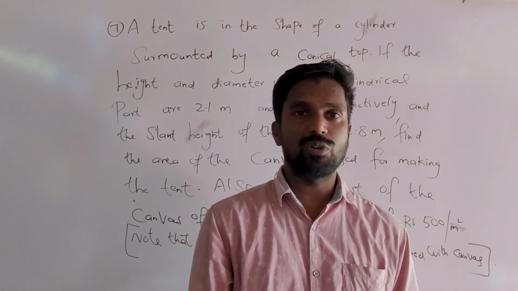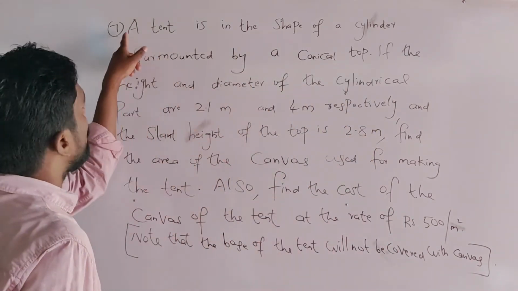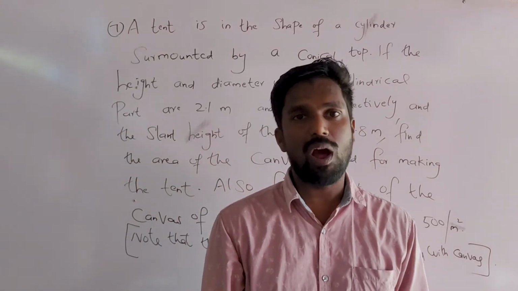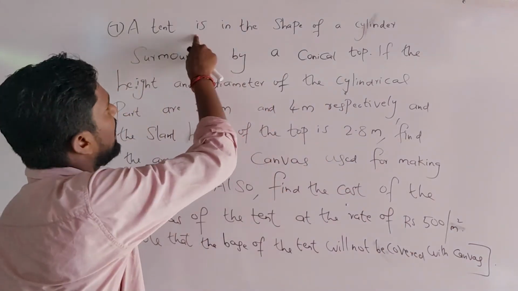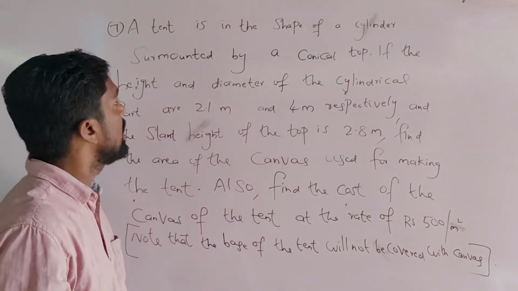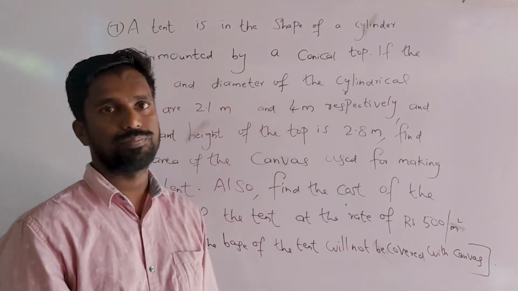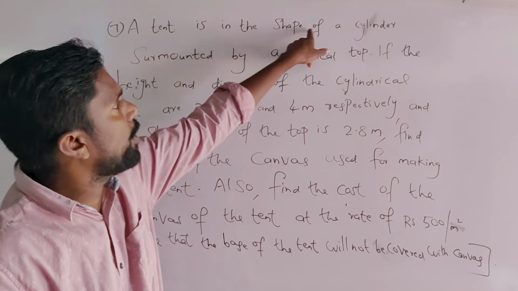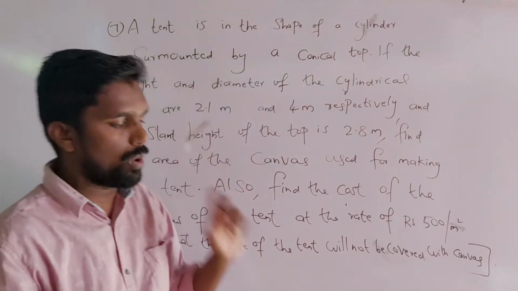Next, we are going to discuss exercise 13.1, question number 7. A tent is in the shape of a cylinder surmounted by a conical top.